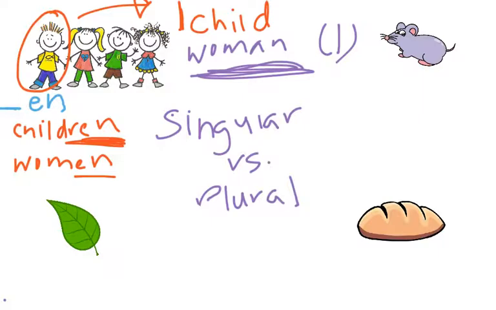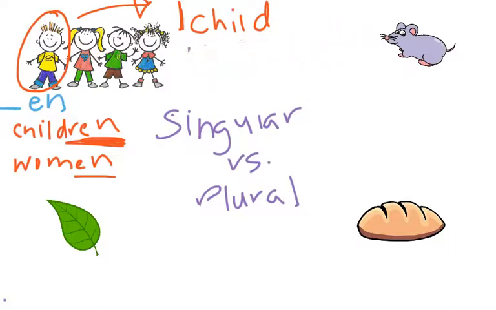Now, let's refer to one more example of this. If we want to say instead of one woman, we want to say one grown boy, which we should know is man. Sorry about that. If you want to refer to one of this man, we would just say man.